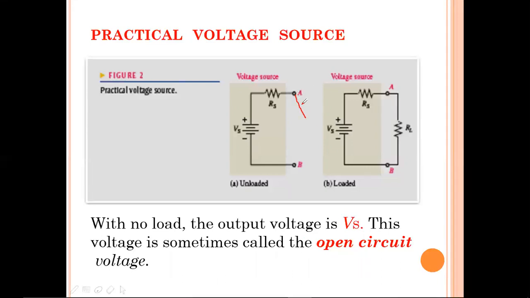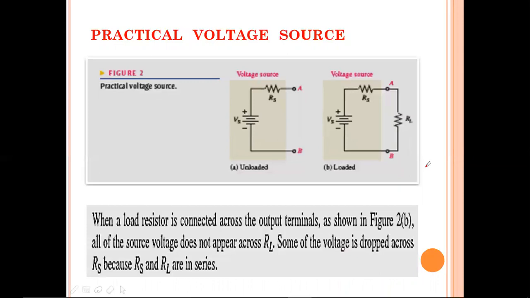This output voltage can also be named the terminal voltage, or V out, V0 or VO. Some books say VT, some say V naught. So with no load, the output voltage is Vs.